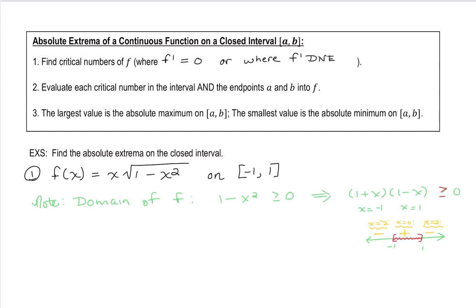So the domain of f is everything from -1 to 1. That's really the interval that was given. It is a condition of applying the extreme value theorem that we have to be continuous on this closed interval. And we are, that's the domain. We could also look at the graph of the function, which we'll probably do a little bit later.